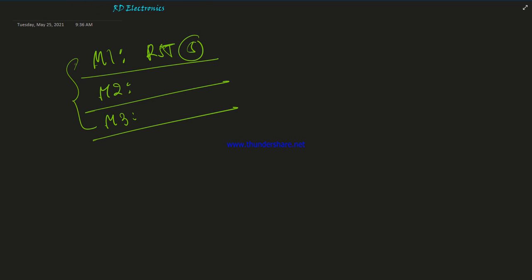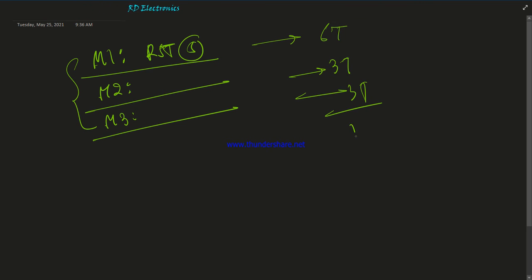Okay, so M2 is the higher and M3 is the lower, and the M1 cycle requires 6 T states. This requires 3 T states, and this requires 3 T states. So therefore 12 T states are required to execute any instruction for the interrupt process. Okay, so this is the process of the interrupt.